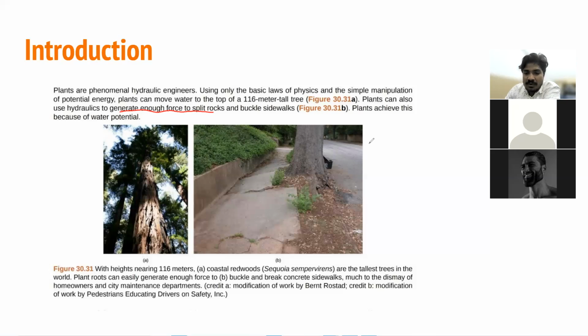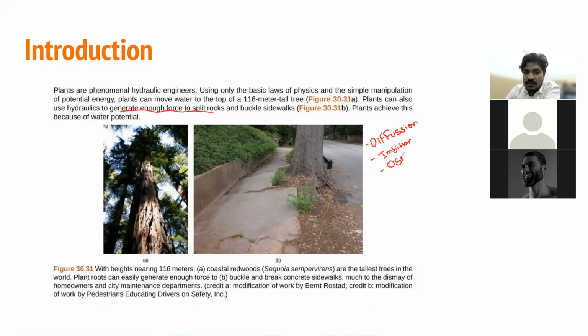If I tell you the names of some phenomena, the first is diffusion. You might have learned this concept in your previous standard. Second is imbibition, and third is osmosis.